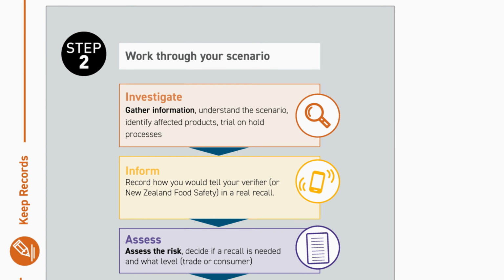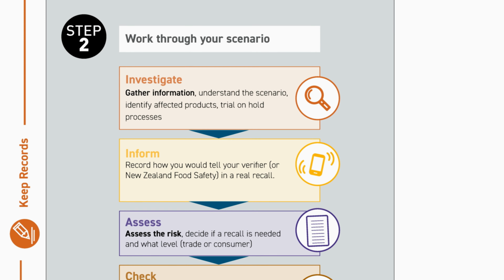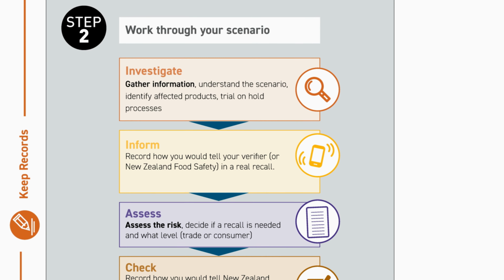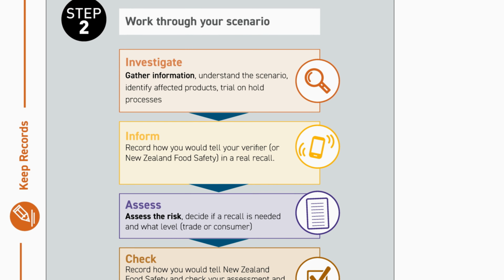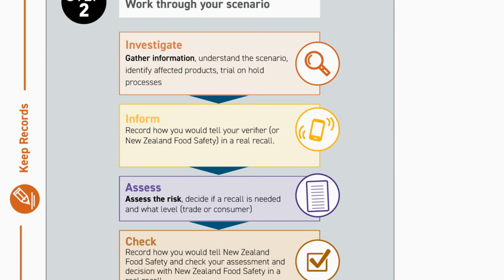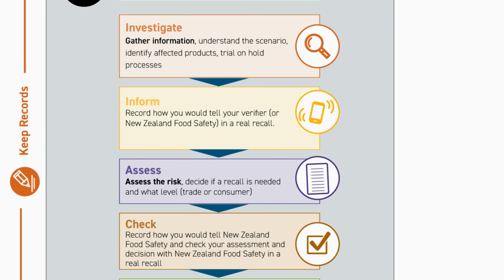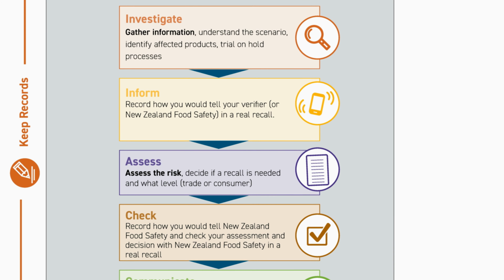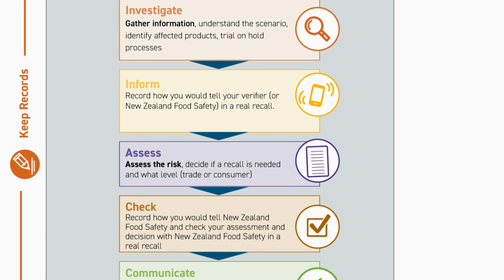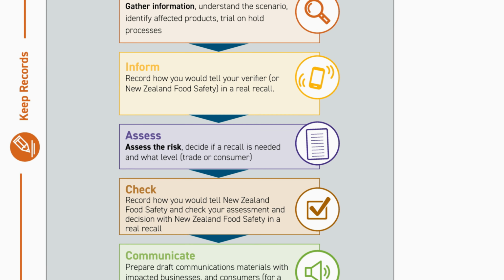Inform. Record how you would tell your verifier, or New Zealand Food Safety, in a real recall. Assess. Assess the risk, decide if a recall is needed and what level, trade or consumer. Check. Record how you would tell New Zealand Food Safety and check your assessment and decision with New Zealand Food Safety in a real recall.